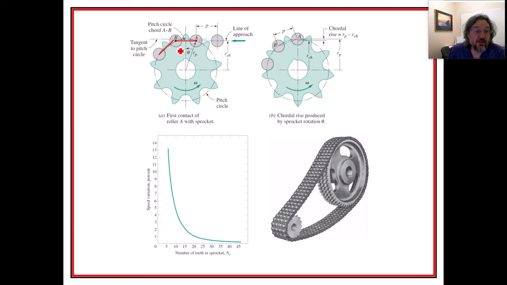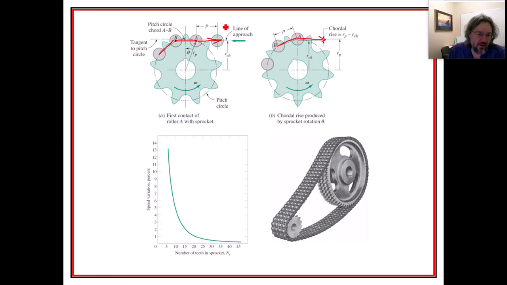The length of these links, in these different positions, like when it's up, it's not going to have the same velocity here as it is going to have here. I guess this is actually showing the line of approach, so I drew the arrows in the wrong direction. But you get the idea.